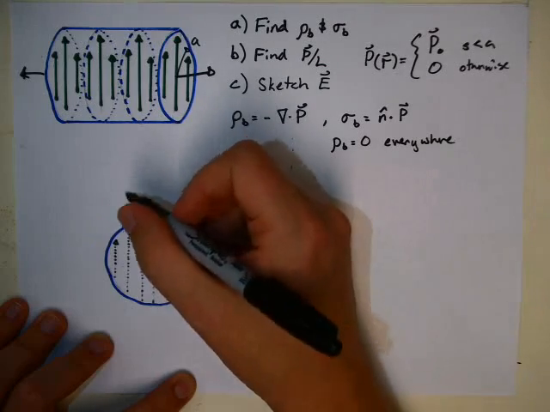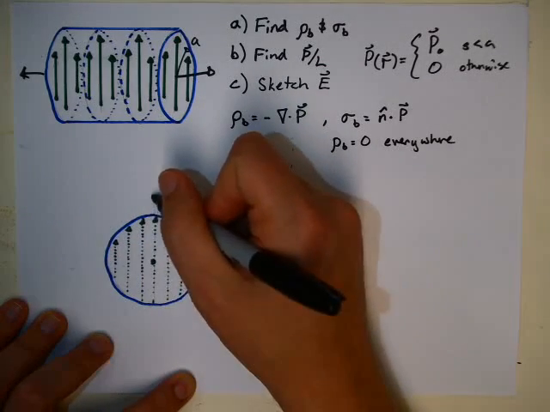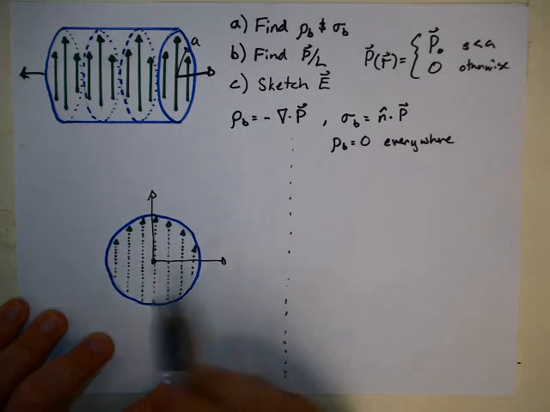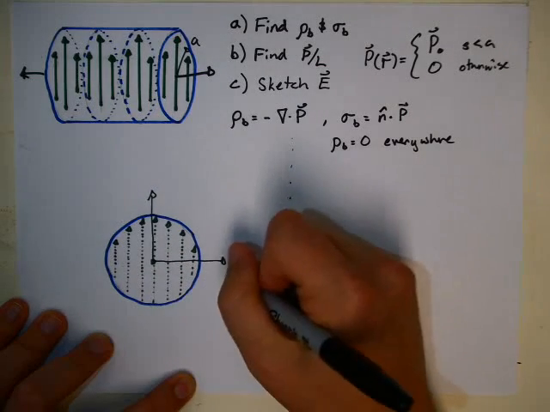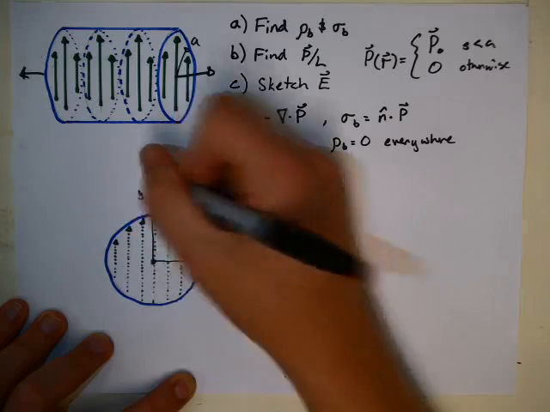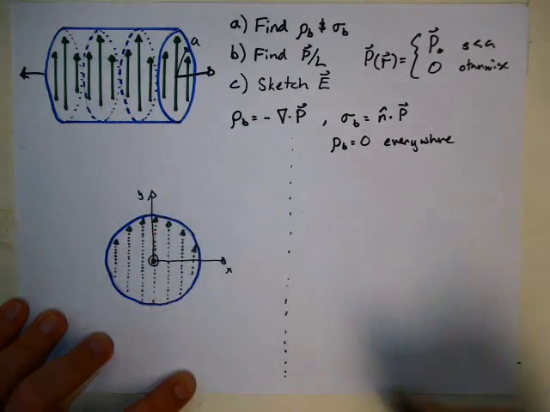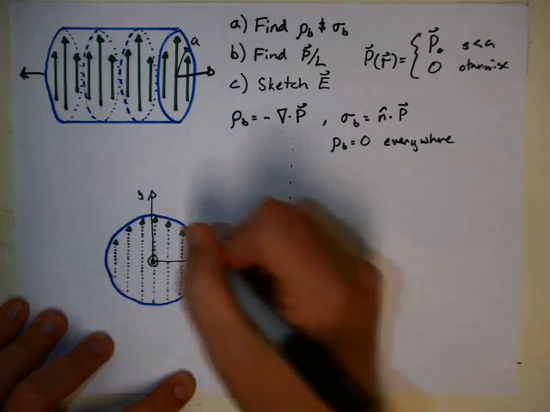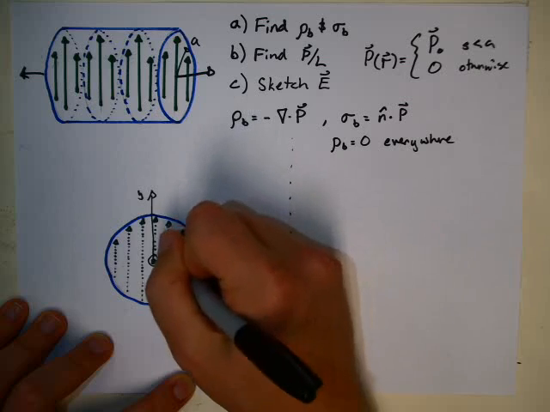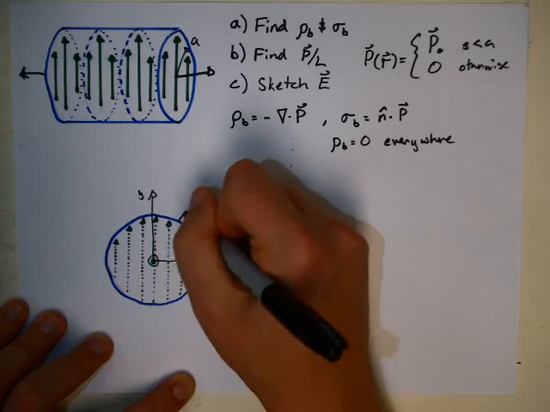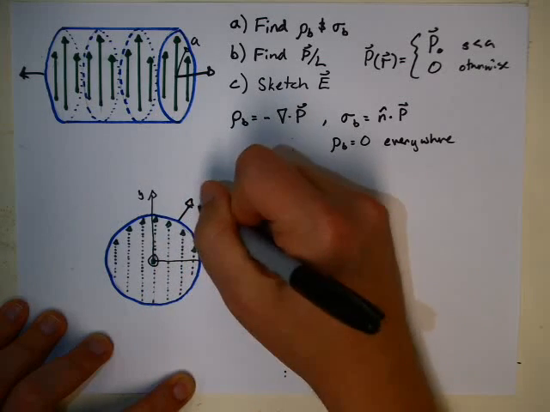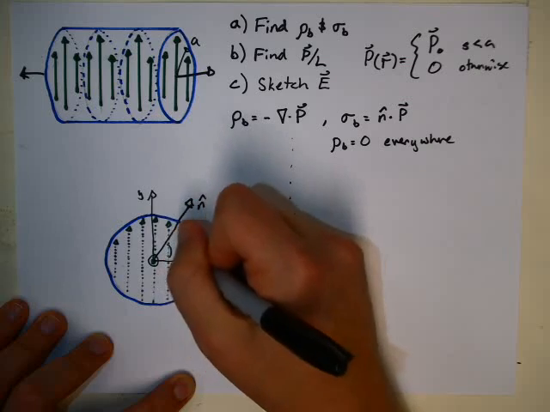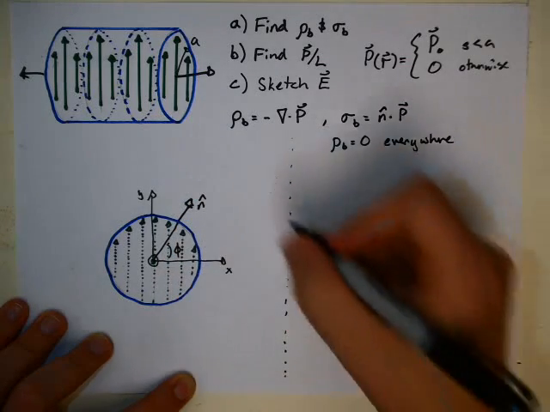If we make our coordinate system here, we put the axis in the center and call this the x-axis and this the y-axis, so that the z is coming out of the board towards us, along the axis of the thing. Then the n hat vector will be in this direction, and we're going to define this angle as phi.